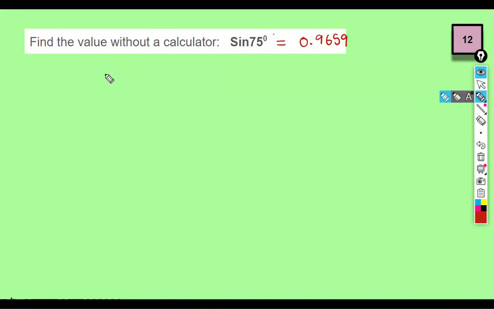Do we all agree that 75 is the same thing as 45 degrees plus 30 degrees? These two angles from the previous table are very common angles that you're supposed to be super familiar with. So instead of saying sine 75, I could say sine of 45 plus 30 degrees. Isn't that the same thing as saying sine 75?